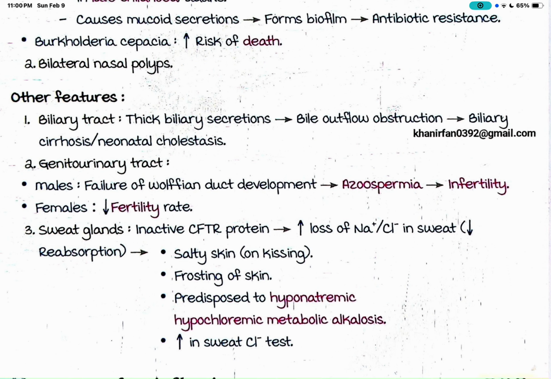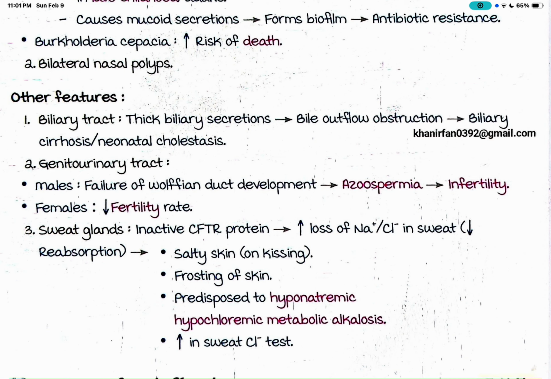Other features in the biliary tract: thick biliary secretions, bile outflow obstruction, biliary cirrhosis, and neonatal cholestasis. Genitourinary tract, males: failure of Wolffian duct development, azoospermia, infertility. Females: decreased fertility rate.